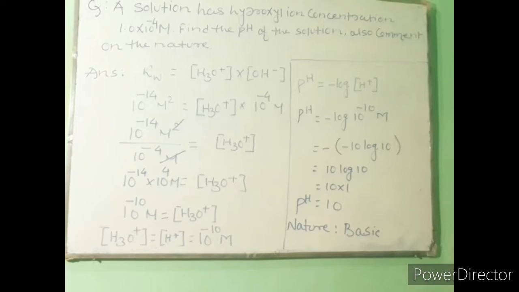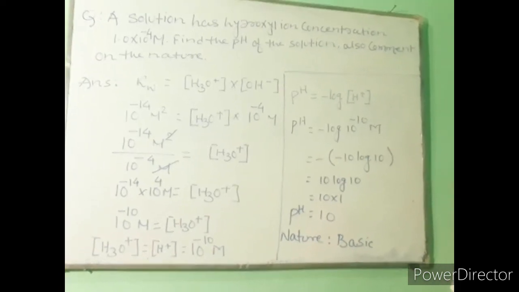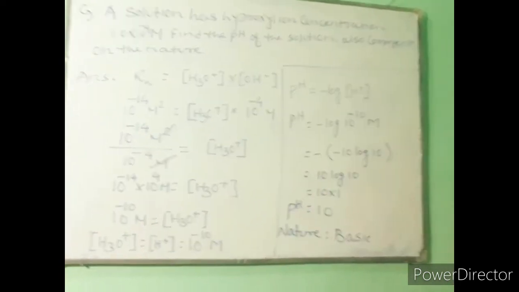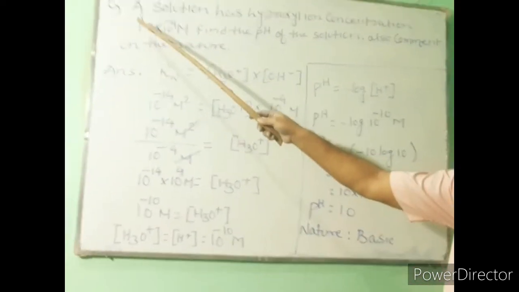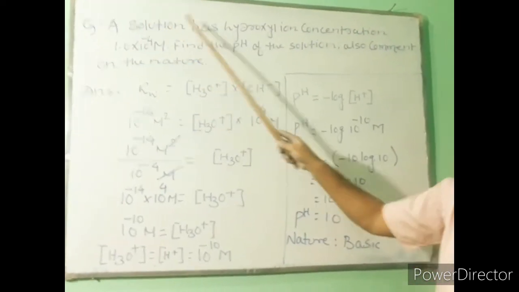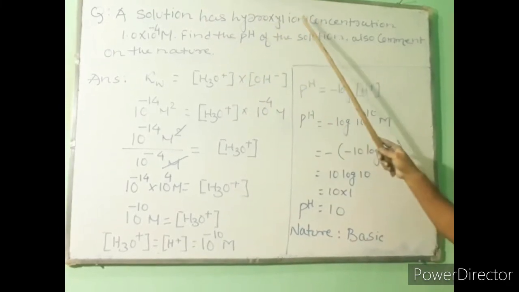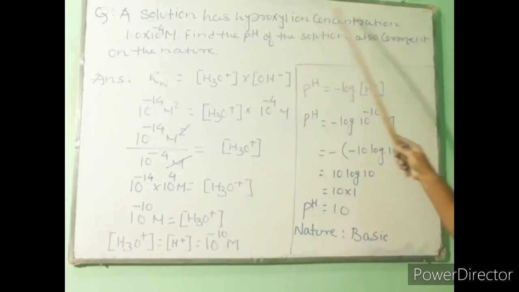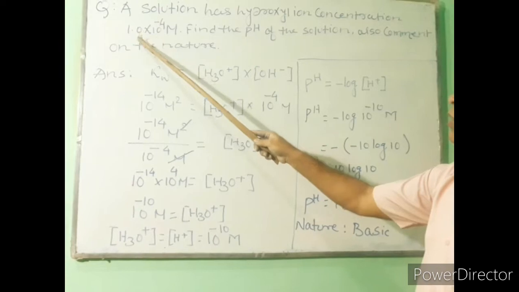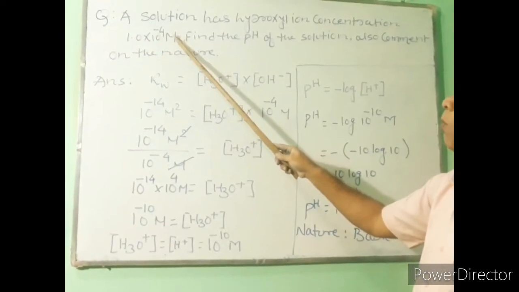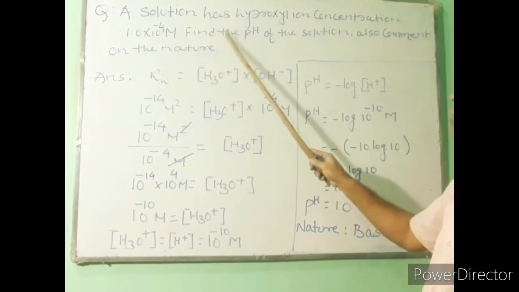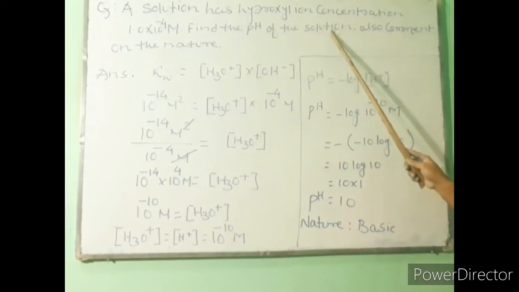Now let us apply the ionic product of water. One of the numericals: a solution has a hydroxide ion concentration of 1.0 into 10 to the power minus 4 molarity. Find the pH of the solution.